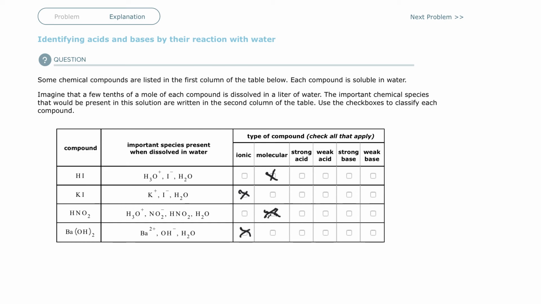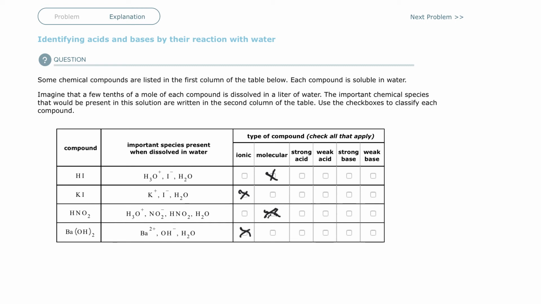So you're looking here and say, okay, do I see any HI at all in the water? I see this, which means it's an acid. I see this, that's the conjugate base. I see the water, but I don't see any HI. That means that it's all dissociated and it has to be strong.